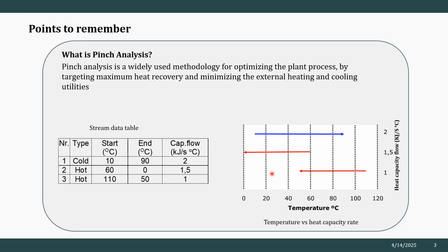For example, the red line represents the hot stream, blue represents the cold stream, just for visualization purposes, because it will be very useful for us if we have multiple cold streams and hot streams within that single industry. So that's why we plot those streams with temperature on the x-axis and heat capacity flow on the y-axis, just for visualization purposes.